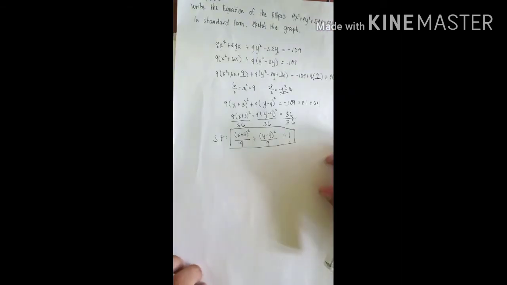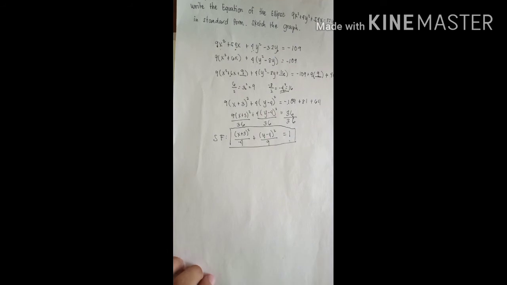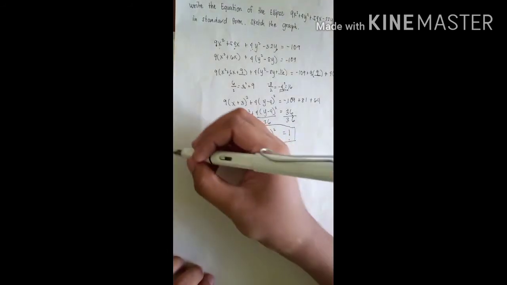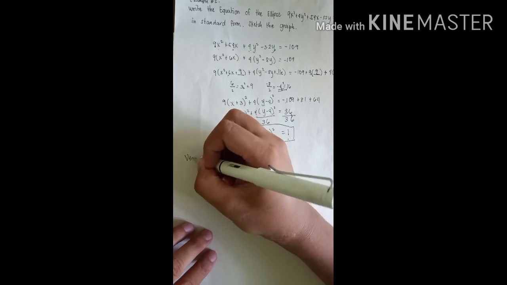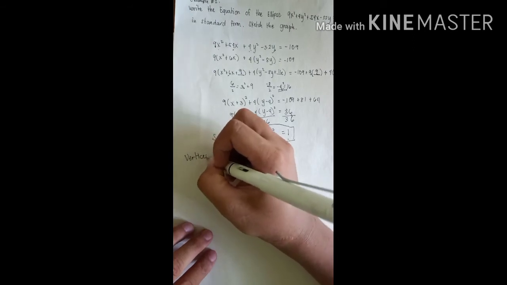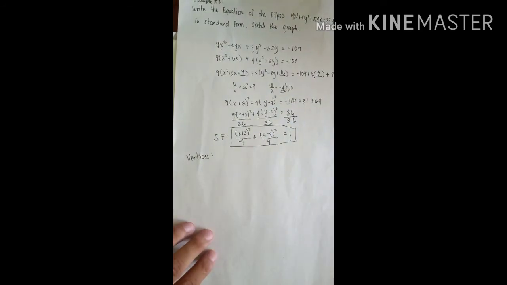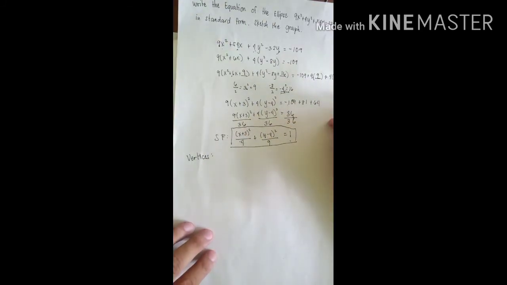So ang gagawin na lang natin is to find the parts and sketch the graph. So first, the vertices. Vertices natin.